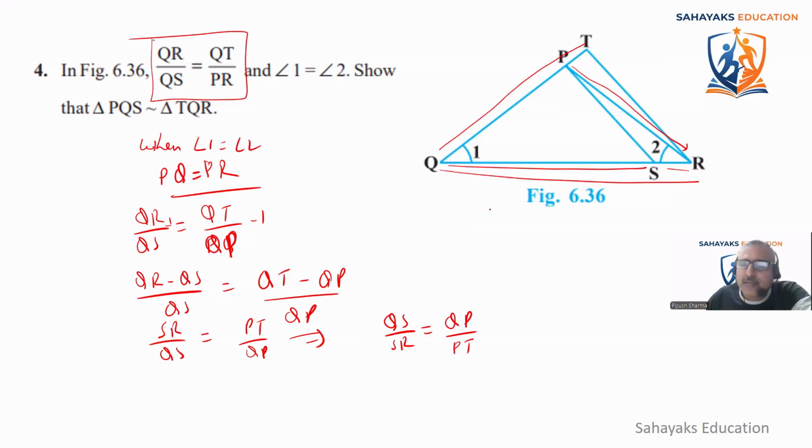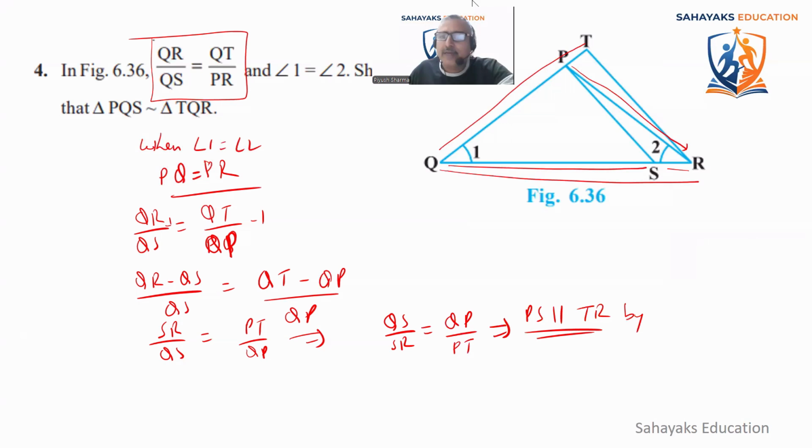Okay. What does it imply? It implies that line PS is parallel to TR. Why are they parallel? Because a line which divides two sides of the triangle in proportion is parallel to the third side. That is by theorem 6.2. So you don't have to write theorem 6.2, you have to write the complete theorem. Please remember that. Okay, so these two lines are parallel.